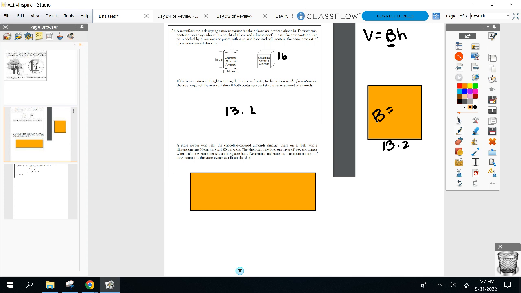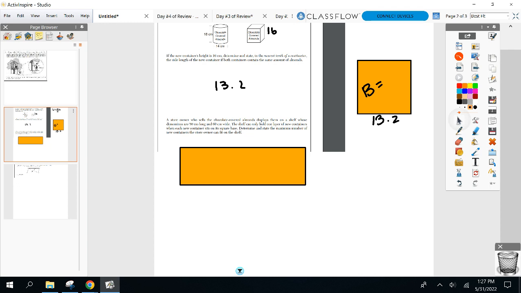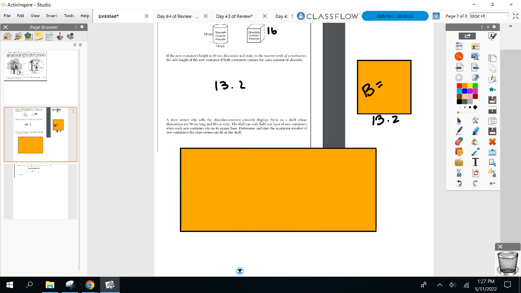Now the second part's a beast. And lucky for you guys, this is my second time through it, so I have different ways of explaining it than I did in period 2. We got this shelf here. We're going to put the chocolate-covered almonds on there, right? I mean, the rectangular prism one, not the cylinder one.